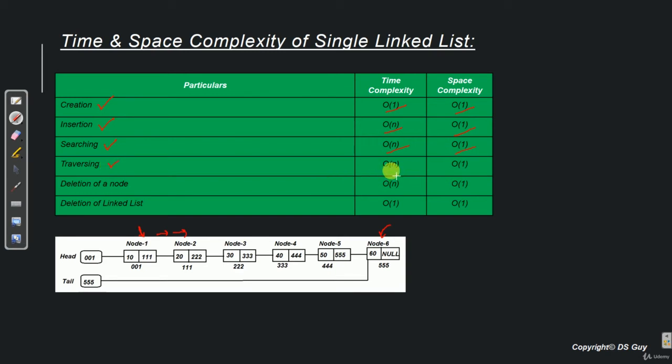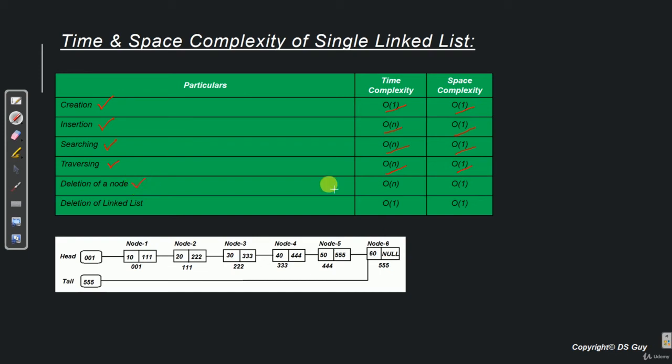So traversing of course will take order of n time because we have to traverse or visit each and every node in the list. Space complexity again will be order of 1 because we have to use some temporary variables, nothing more than that.